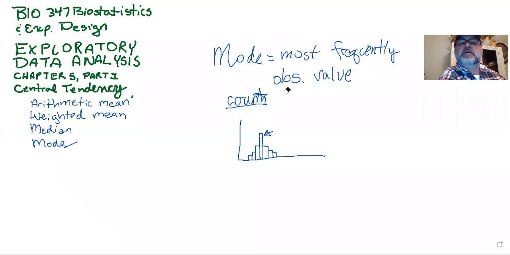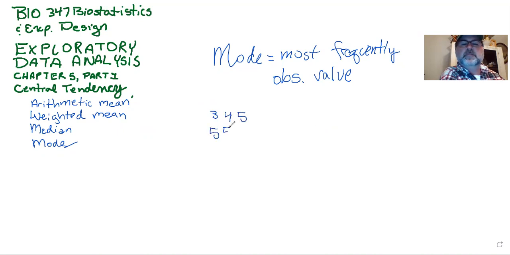However, let's think about continuous numbers, okay? And first, let me give you a bunch of counts. So like 3, 4. So here's your bird nest data.